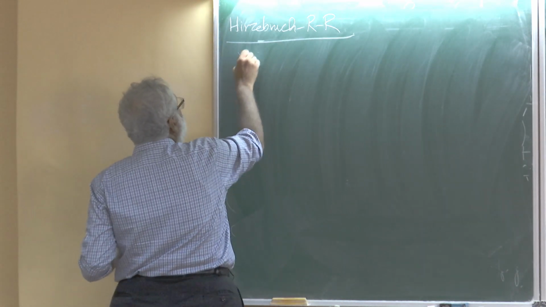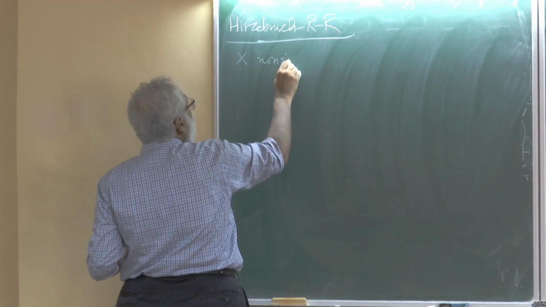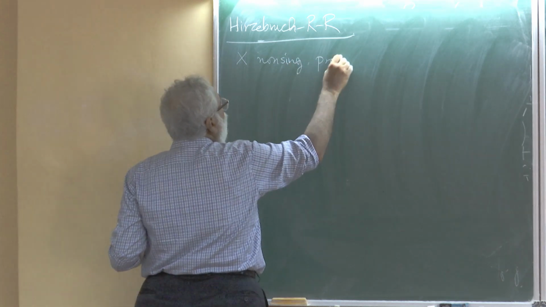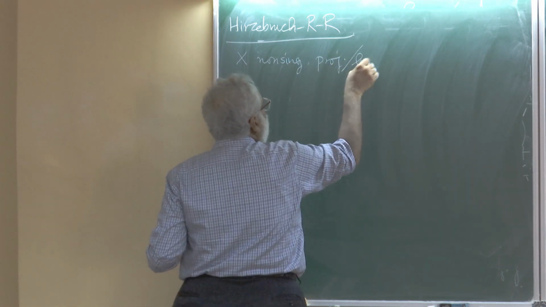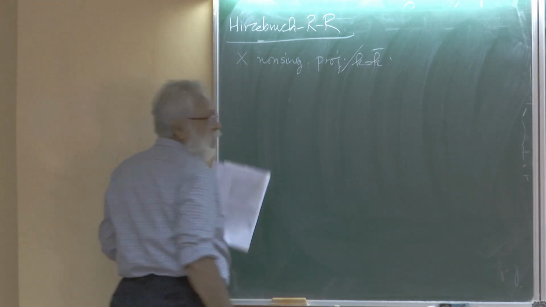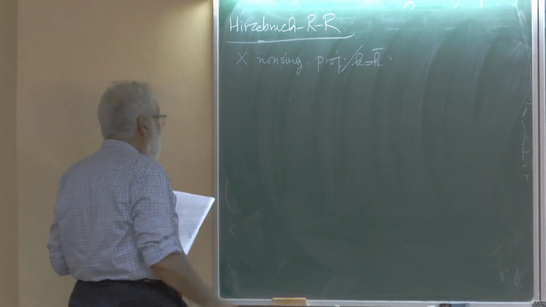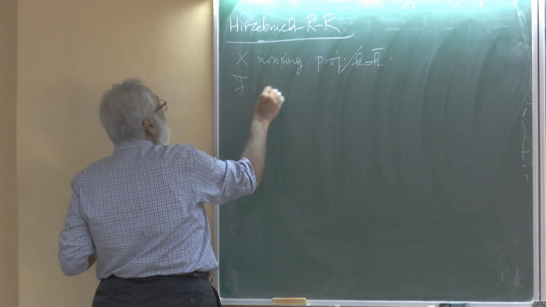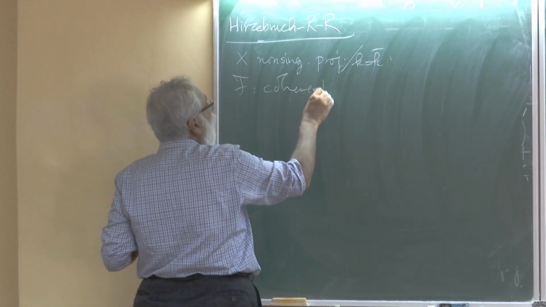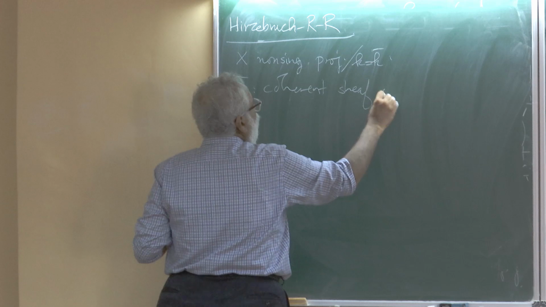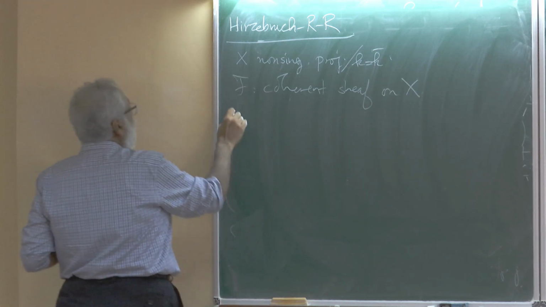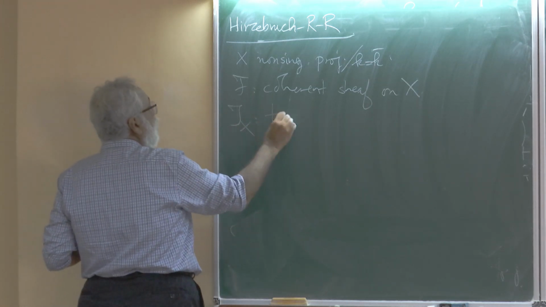So the idea is X is non-singular projective, for simplicity, F is, let's say, a coherent sheaf. And I have Tx, the tangent sheaf.